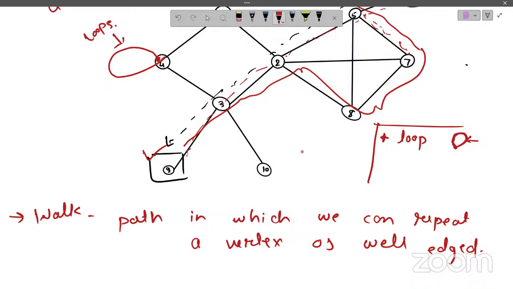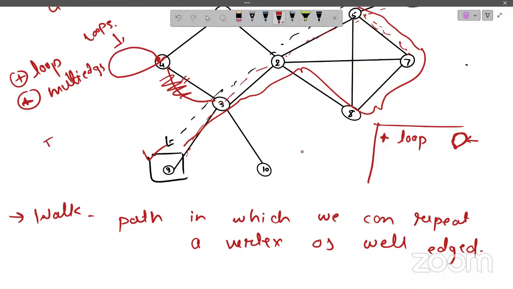What do we mean by multi-edges? Suppose this is my edge from 4 to 3, and if I make another edge from 4 to 3, then I don't want this edge because it is useless for me, right? So in our graph, we never consider loops or multi-edges. We always try to work with graphs which don't have any loops or multi-edges.